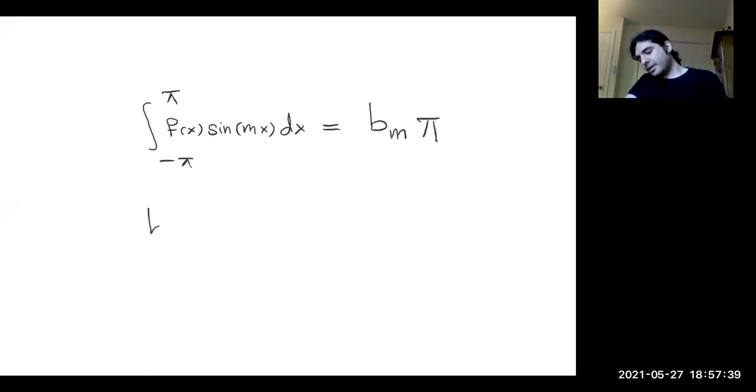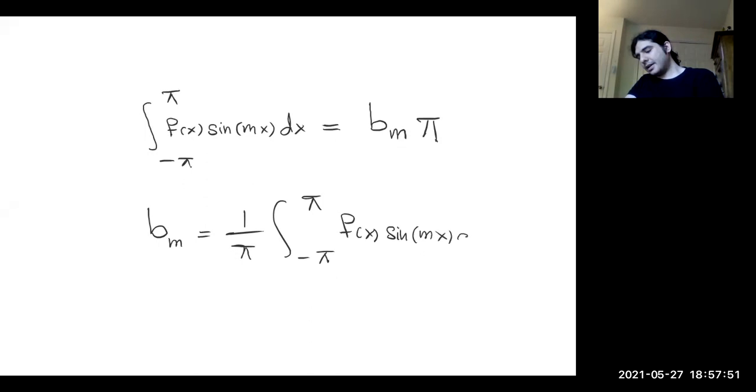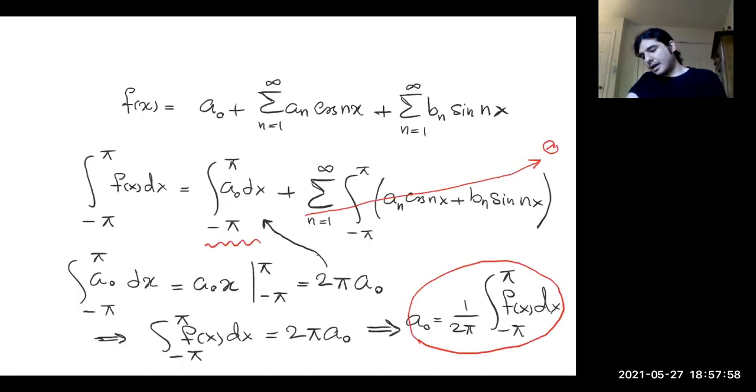Therefore, b_m is equal to 1 over pi times the integral from minus pi to pi of f(x) sin(mx) dx. So that gives us the coefficient b_n here.